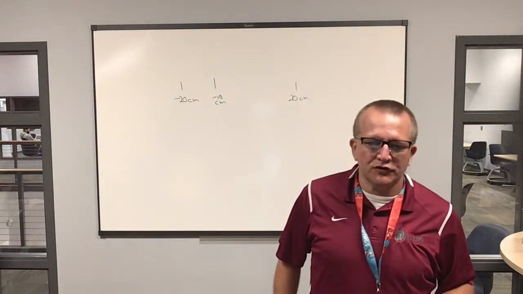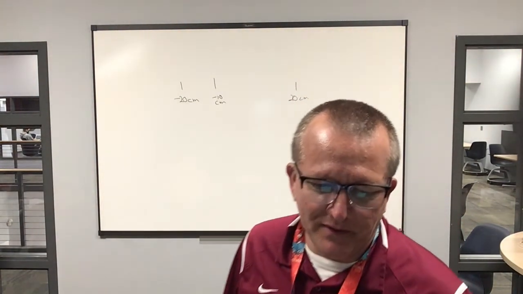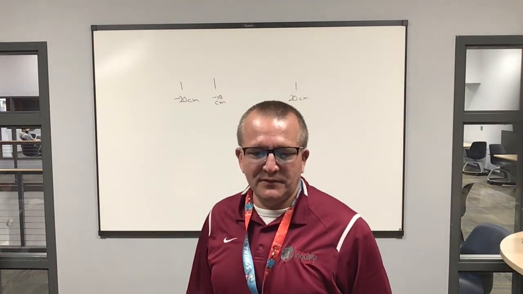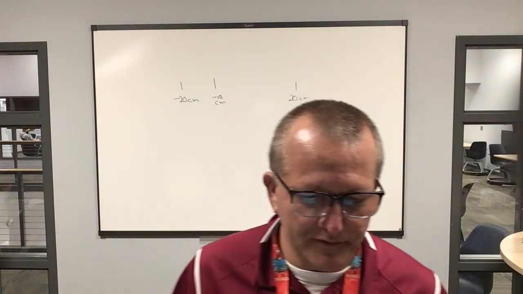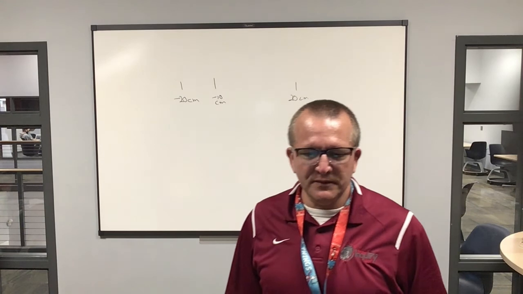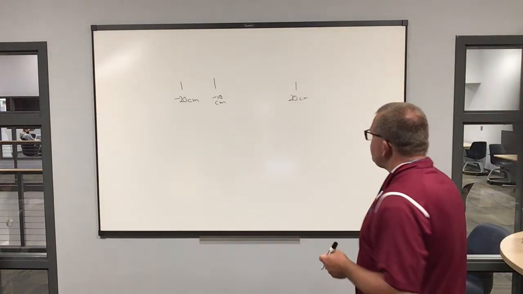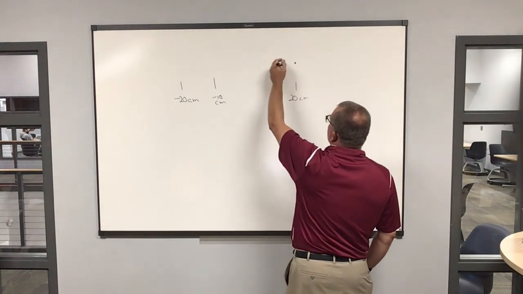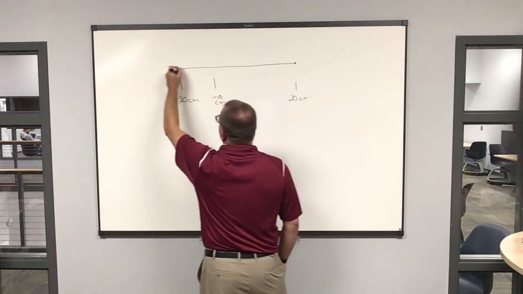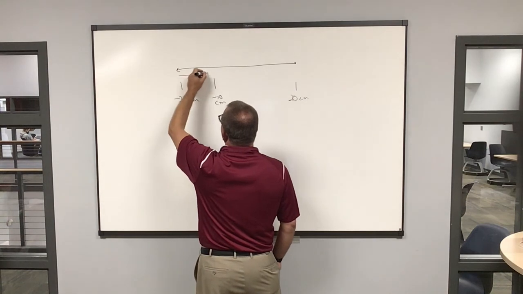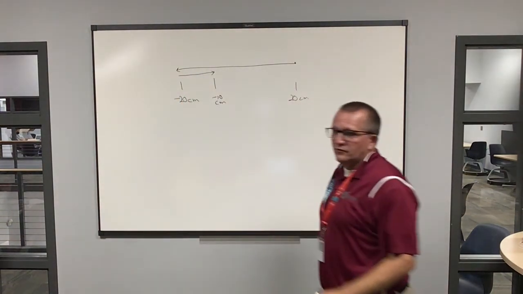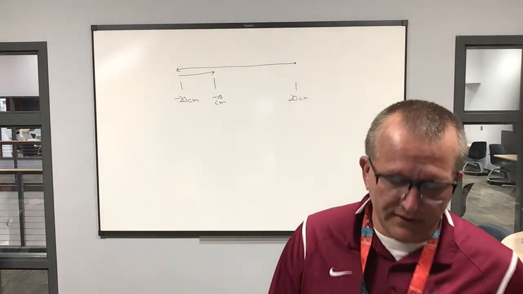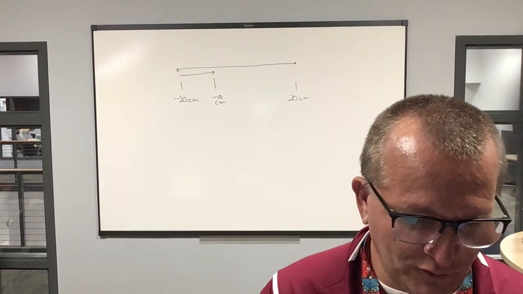All right, so first problem: an ant starts at 20 centimeters, walks along the x-axis to negative 20 centimeters, then turns around and walks back to negative 10 centimeters. We want to determine displacement and total distance. First off, we start here and we head to negative 20 and then back to here. So we see the total path that was traveled.